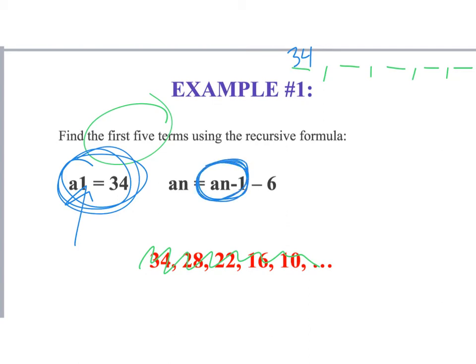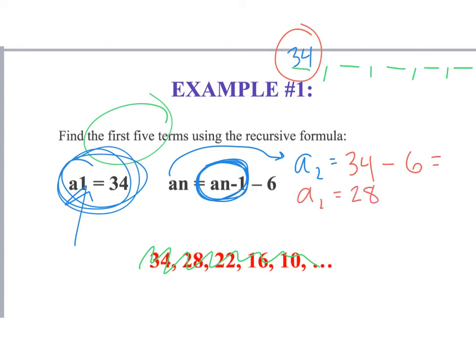So how this would look is we would say A2, which is this part, just means the second term is equal to the previous term. In this case, our previous term was 34 minus 6. And 34 take away 6 would be 28. So A2 is equal to 28.